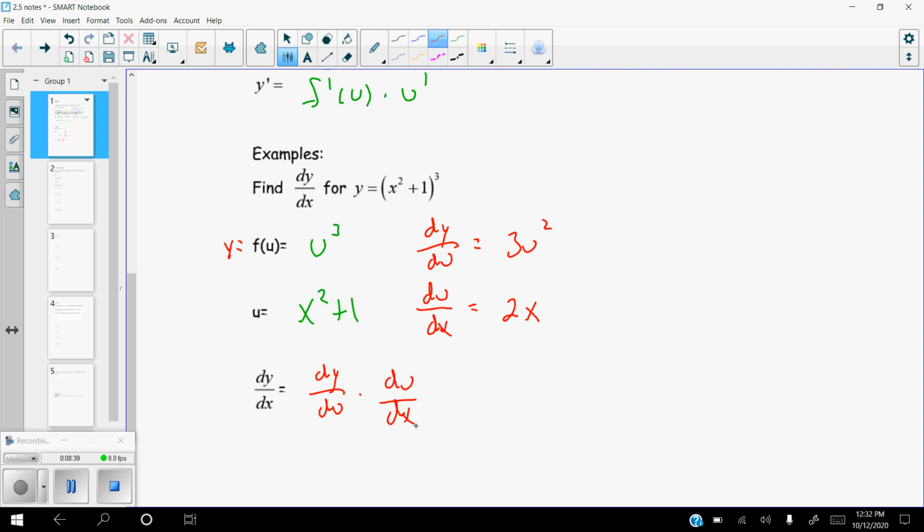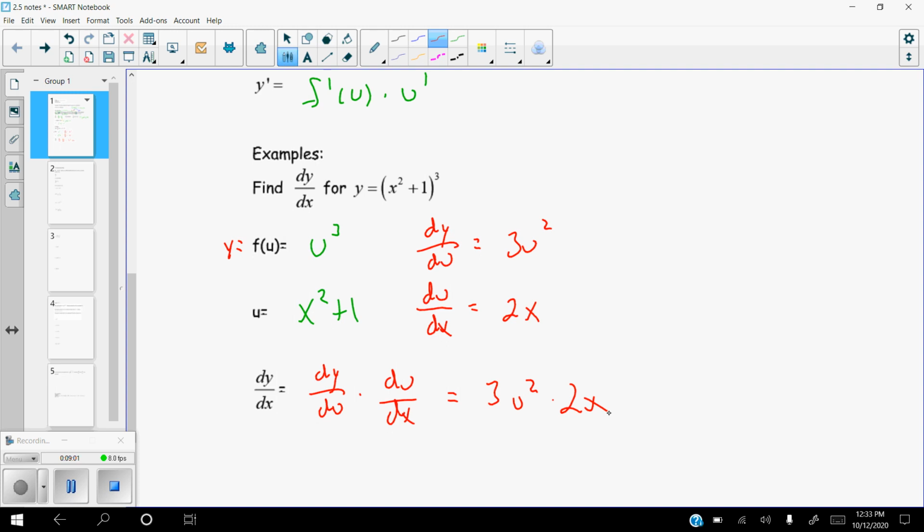I'm sorry, but you're just going to have to get used to it. Properly, it should be dy over du. Just forgive me if I keep saying dy du. All right, so dy over du is 3u squared multiplied by du over dx, which is 2x.